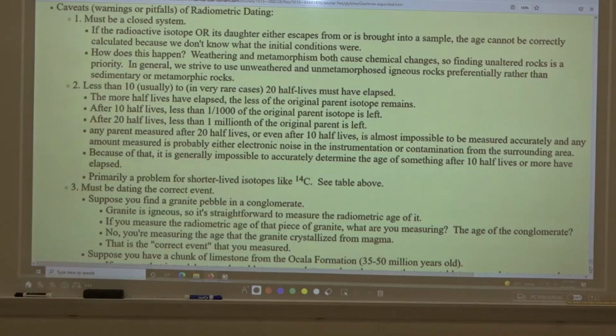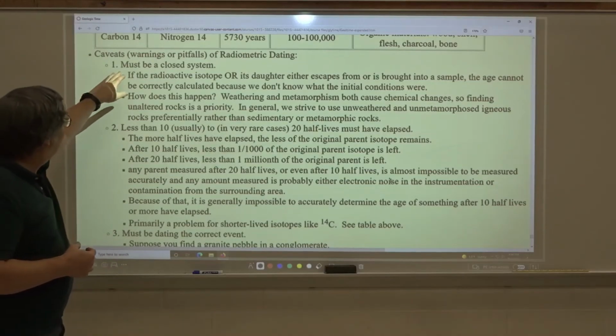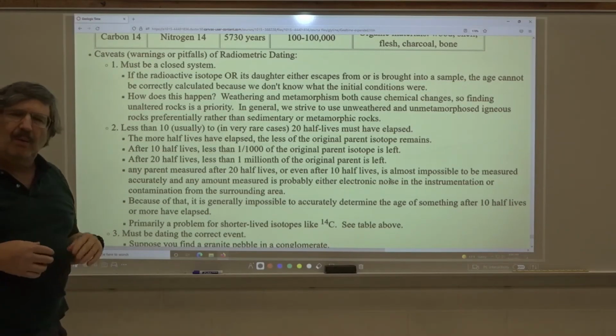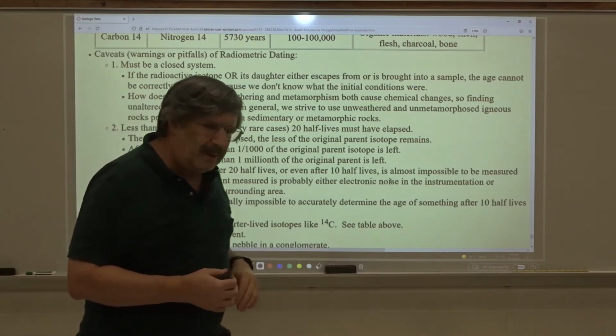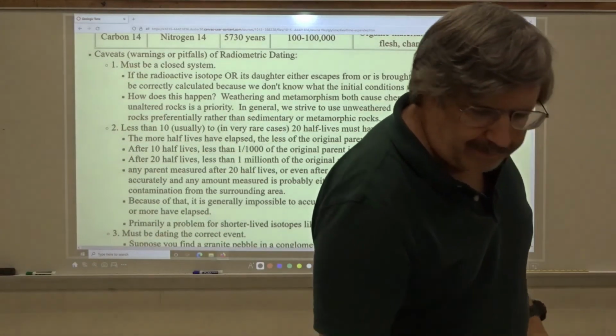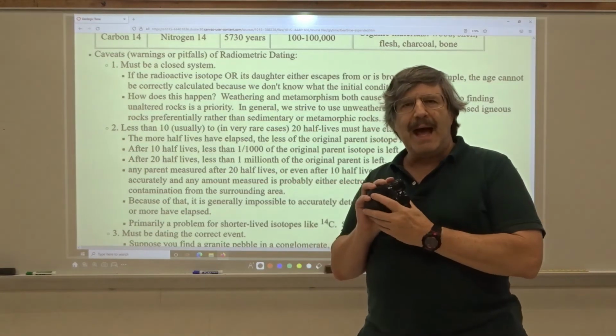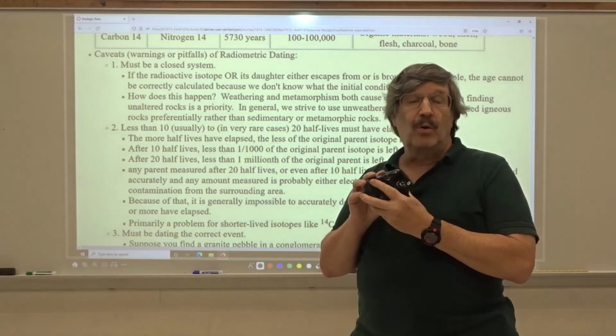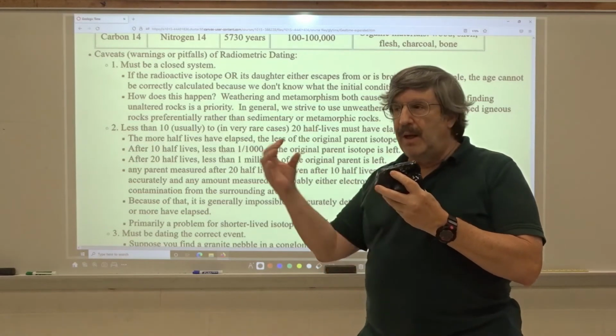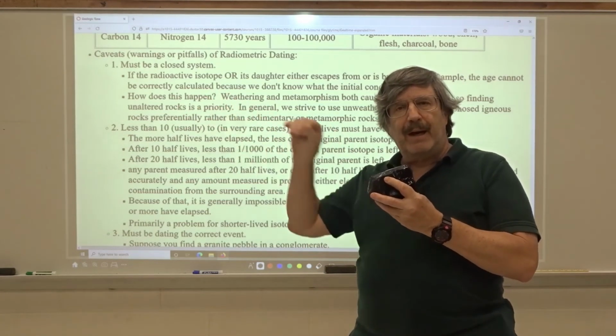Let's go over these. The first is you have to have a closed system. What does a closed system mean? Well, suppose you have a rock here, and this rock allows atoms of your parent or your daughter isotope to migrate in or migrate out.